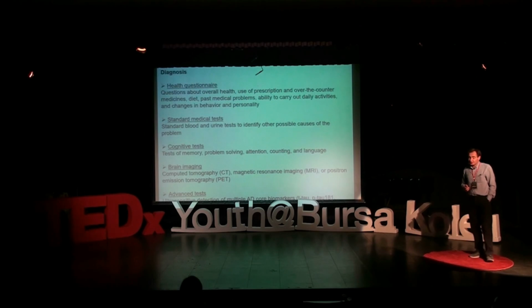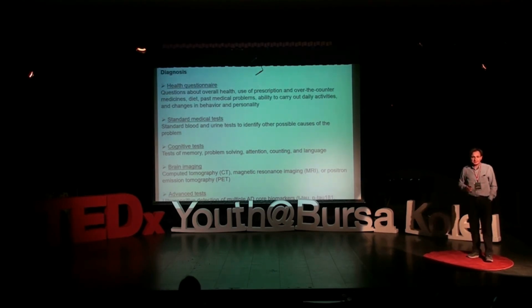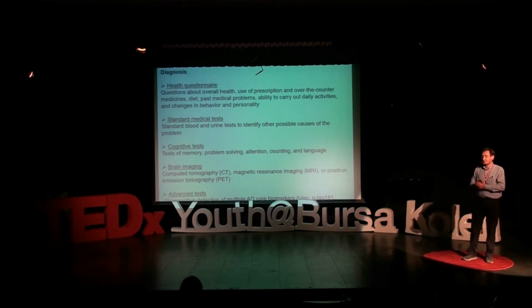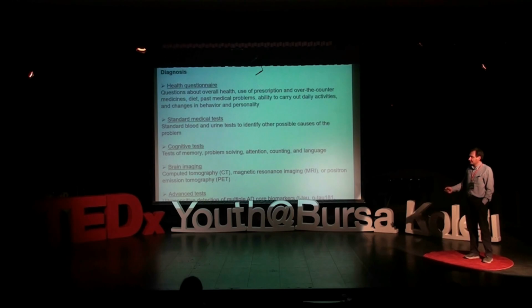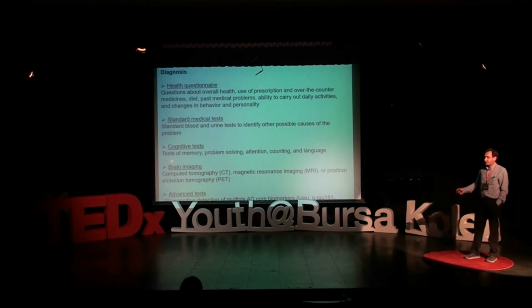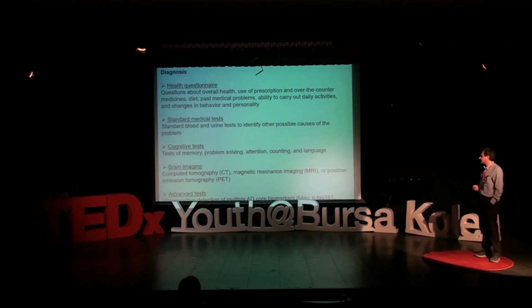So what do we do for diagnosis? In diagnosing an Alzheimer's patient, the most important thing is initially taking a health questionnaire, of course. Afterwards, we do standard medical tests, standard blood and urine tests. And also, one of the most important tests is cognitive tests, like tests of memory, problem solving, attention, counting and language, like mini-mental state examination or some others.